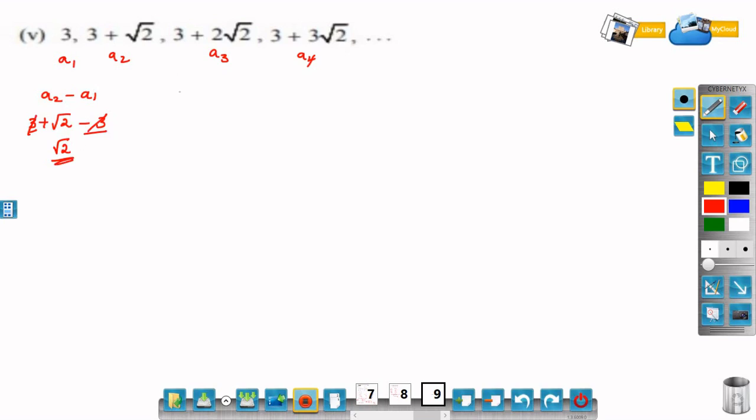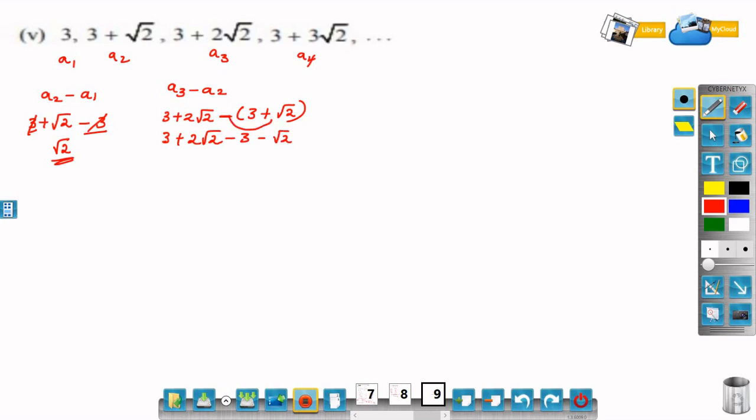See the second common difference, that is A3 minus A2. 3 plus 2 root 2 minus 3 plus root 2. If there is a minus outside a binomial term, then put a bracket, because this minus is for both the terms. 3 plus 2 root 2 minus 3 minus root 2.